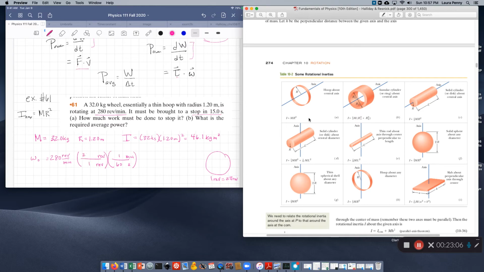You can just write that down and remember it. So I can turn omega naught into 29.32 radians per second. And then it must be brought to a stop, so omega f is 0 radians per second in 15 seconds.